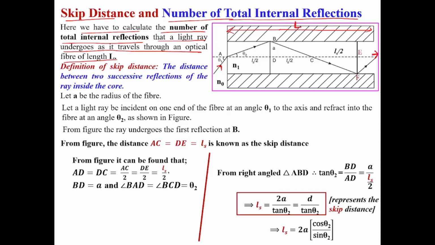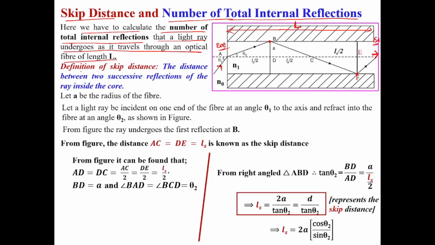In between, how many total internal reflections happen, that we have to calculate. Here you can see one reflection, another total internal reflection, and so on.